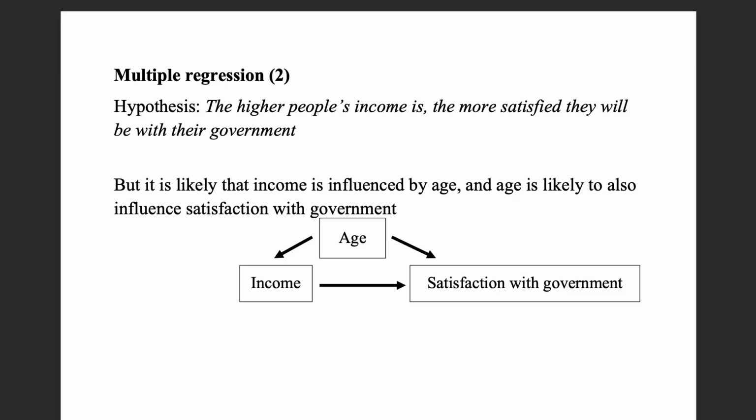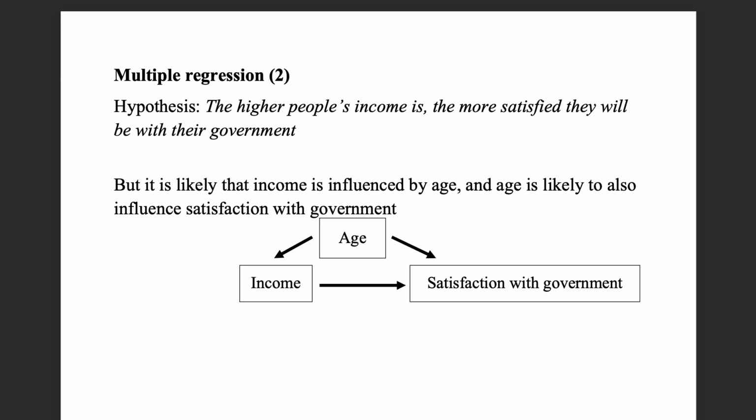As a matter of fact, if you go to the literature, you'll find that a lot of empirical studies have already been done that show it's quite likely that there is a relationship between age and income, and a relationship between satisfaction with government and age. That's a strong indication that age is a potential confounding variable.